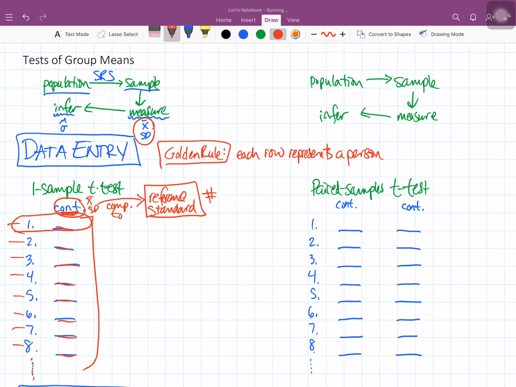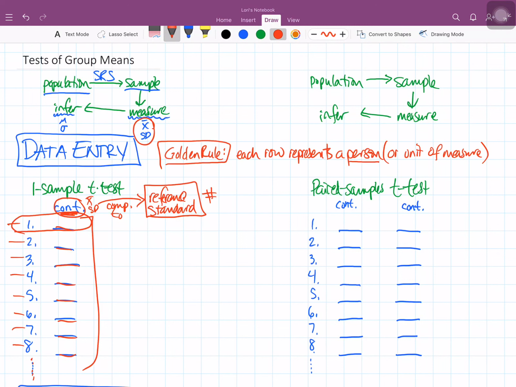And by person, that's kind of like a general way to say unit of measure. So if we're measuring hospitals or if we're measuring countries, then each row represents a hospital or a country. But most of the time we're studying people, so each row represents a person or a unit of measure, whatever that is that we're measuring.